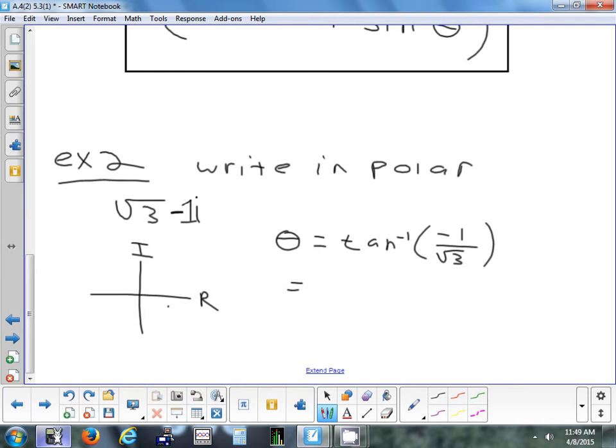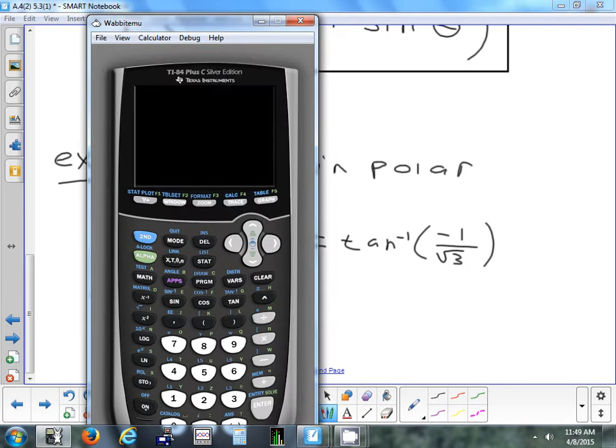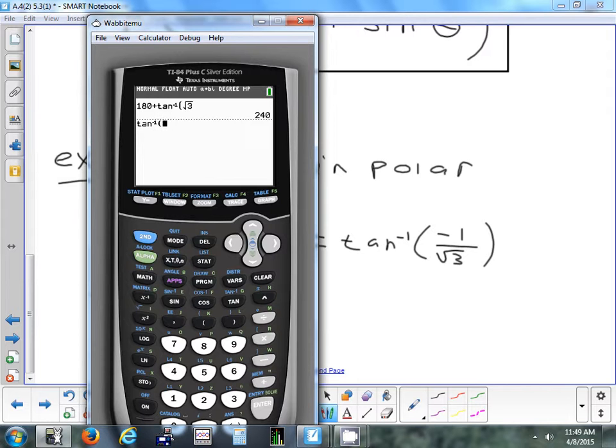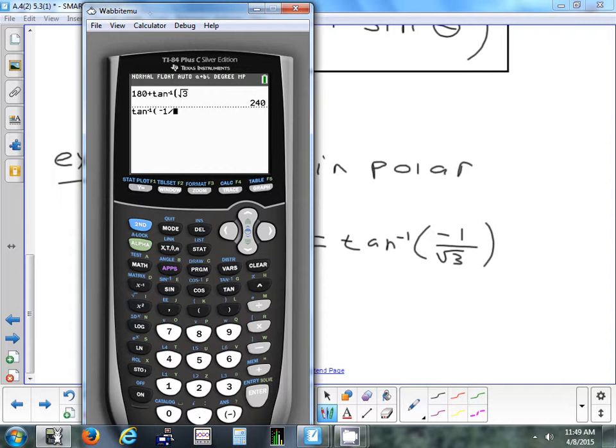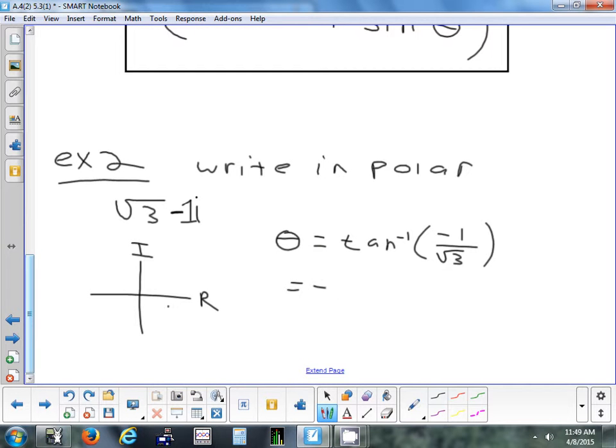Make sure you're in degrees. Okay, we'll do it in degrees. So inverse tangent of negative 1 divided by square root of 3. That's negative 30. Okay, so there's my angle.